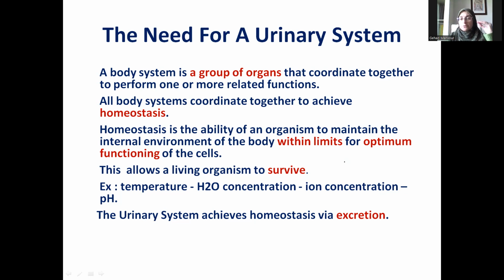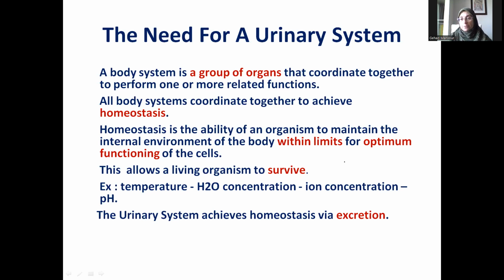And the purpose of these two actions is to achieve homeostasis. So the main purpose of the urinary system and all the excretory systems is to achieve homeostasis. How do the excretory systems achieve homeostasis? By two means. Number one, getting rid of the unwanted waste products of metabolism and keeping the required substances within the optimum range.